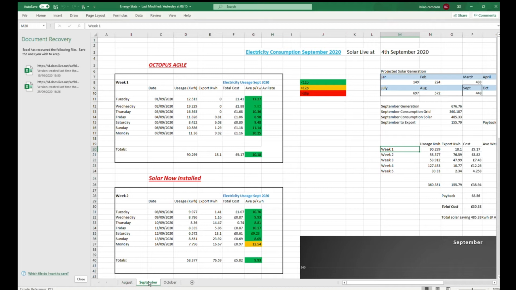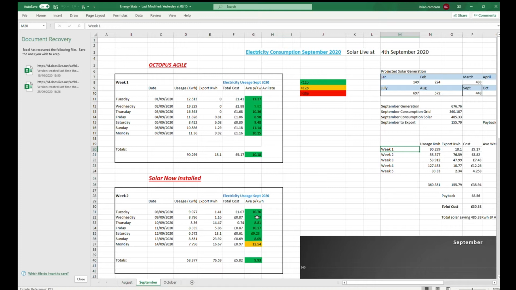So let's take a good look at it then. You can ignore these green fills here. I started filling in green in a similar way to the Octopus Watch app did, in highlighting periods where the average weighted cost per kilowatt in pence was sub 12, greater than 12, and then greater than 20.